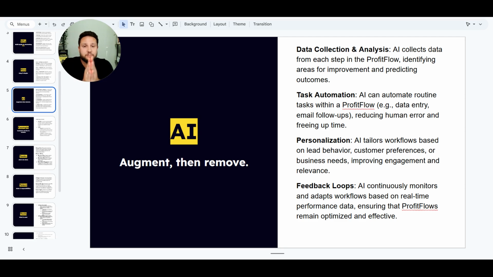So you really need to have a really complete data set, which starts with the actual documentation of the profit flow that you're training on in the first place, right? So it needs to be together in a very well-structured manner to be able to input into the AI agents that you're training or the large language models that you're using to augment your workflows.